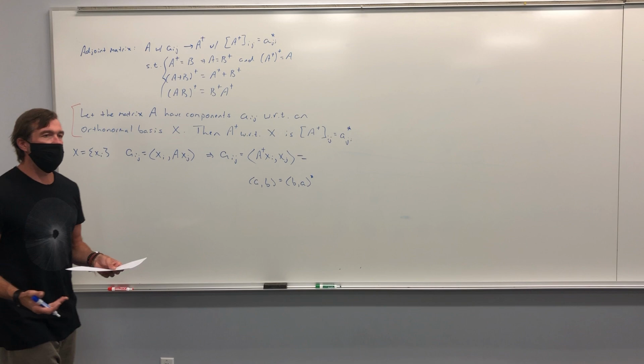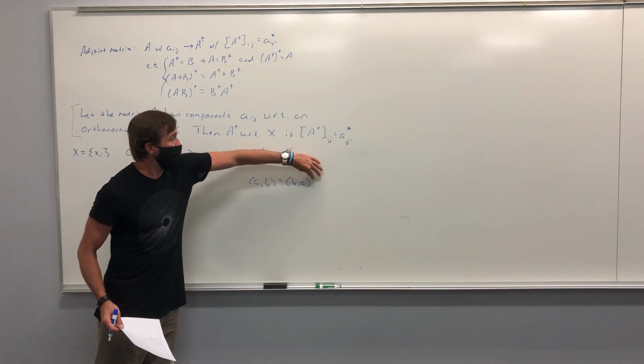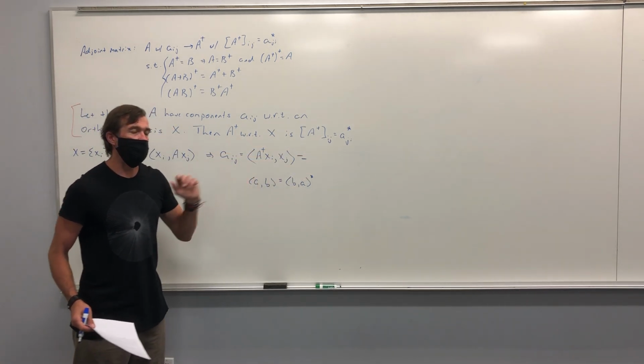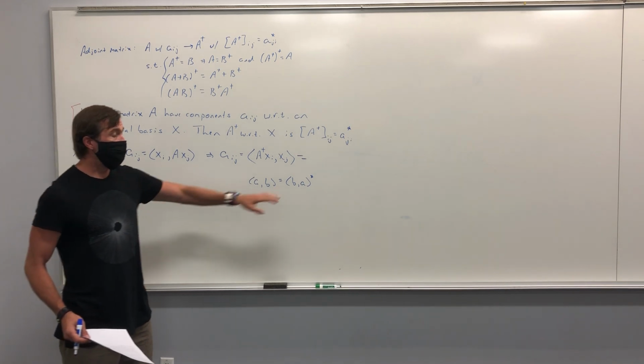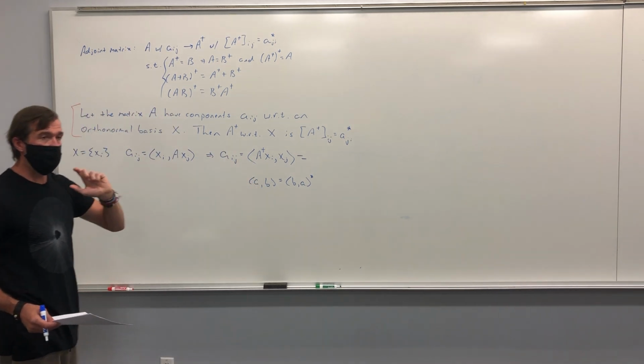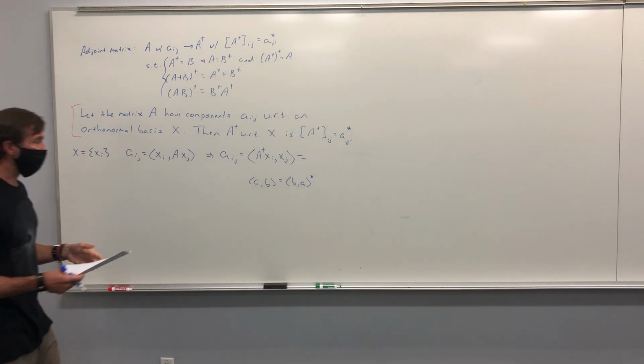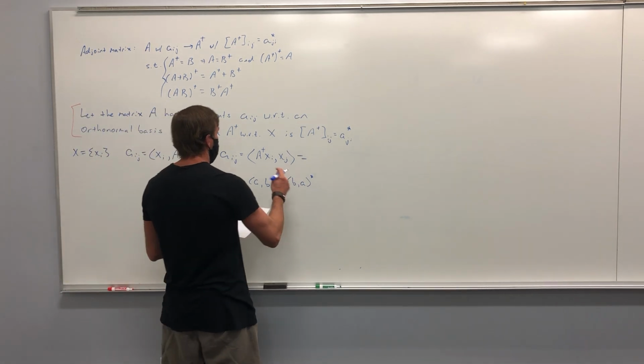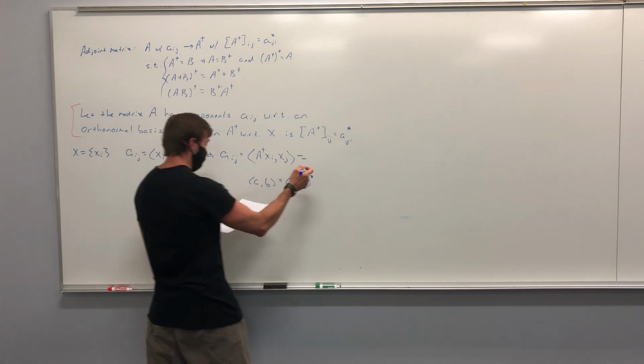It's obviously true if everything's real because the star doesn't do anything and <A,B> is <B,A>. But the star takes care of it if it's complex. But that means that we can take this and reverse it.